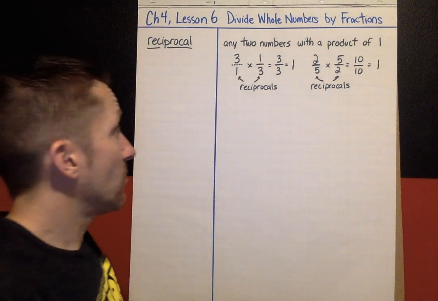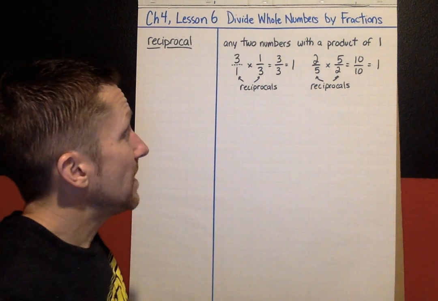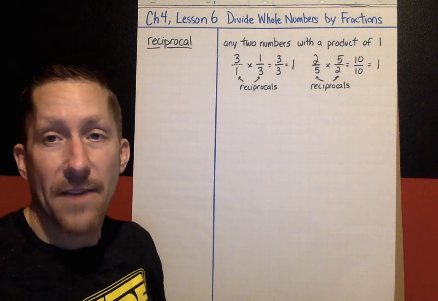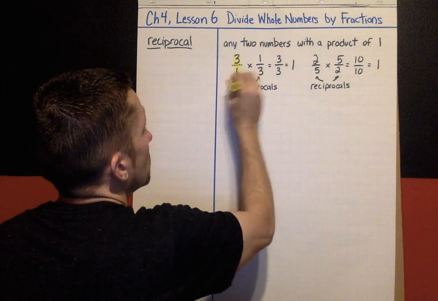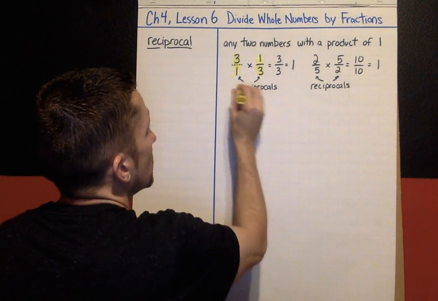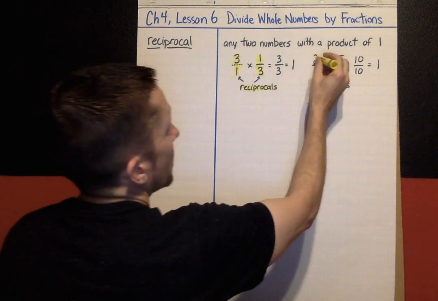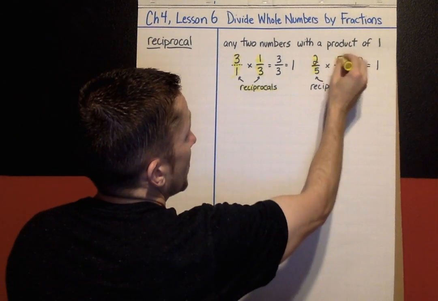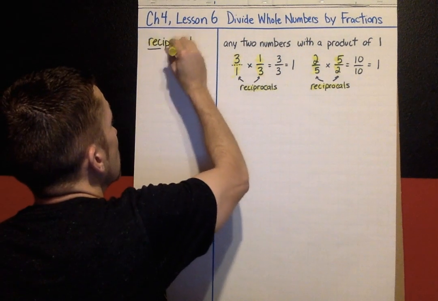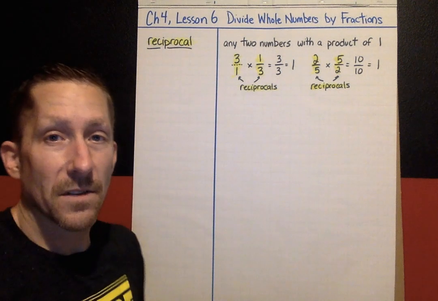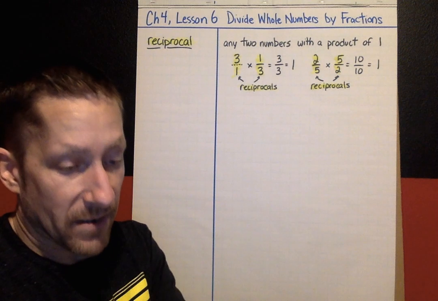Three, or 3 over 1, and 1/3 are reciprocals, and 2/5 and 5 over 2, or 5/2, are reciprocals. So I'm going to highlight those. Those two numbers are reciprocals, and 2/5 and 5/2 are also reciprocals.